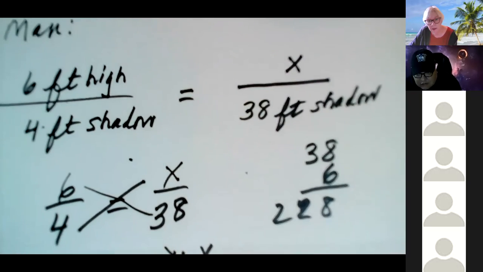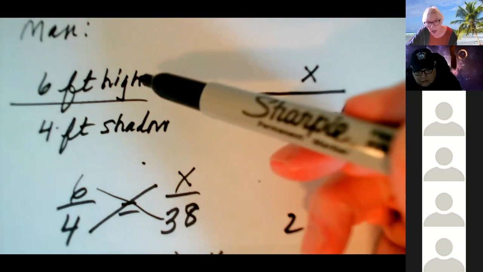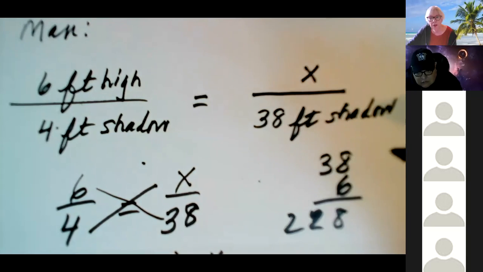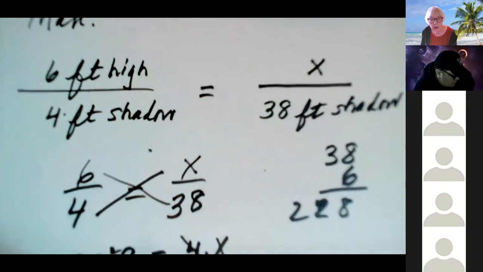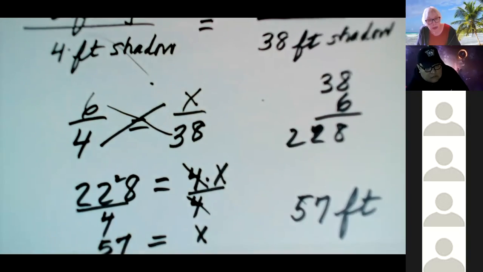This was in the section that we didn't cover, but I think it's so interesting. It's the same exact thing: the height of the person compared to the shadow, the height of the tree compared to the tree shadow. And so that is correctly set up. When you do the crisscross diagonal multiplication, we're all set.